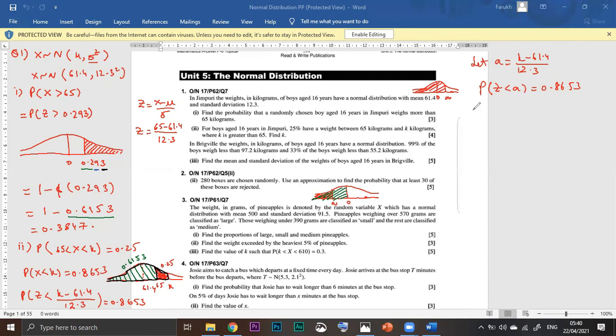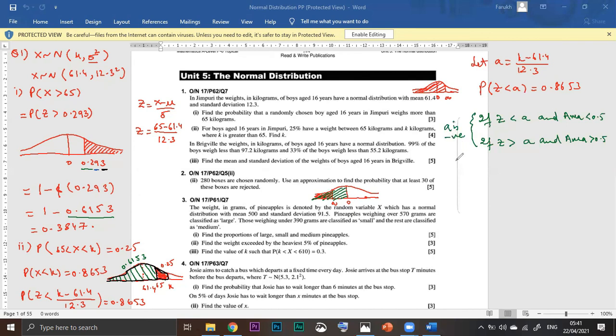Now, there is a shortcut to avoid this diagram, because sometimes it is confusing to use the diagram. If z is less than a and area is less than 0.5, or if z is greater than a and area is greater than 0.5, then a is negative, otherwise positive.